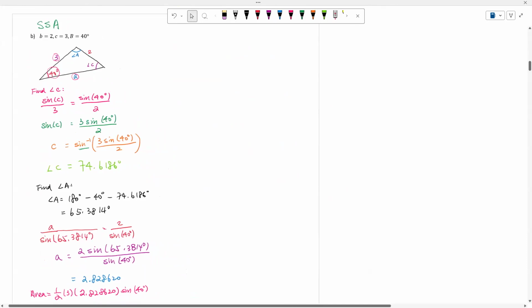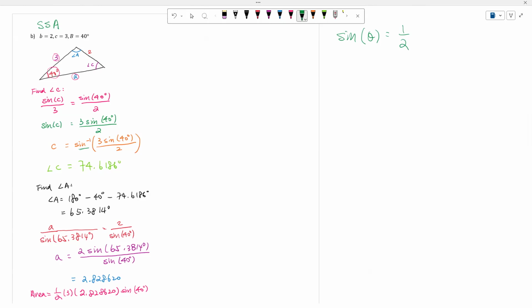If I want to find the angle whose sine equals 1/2, because sine of theta is positive, the theta is in quadrant 1 and quadrant 2.